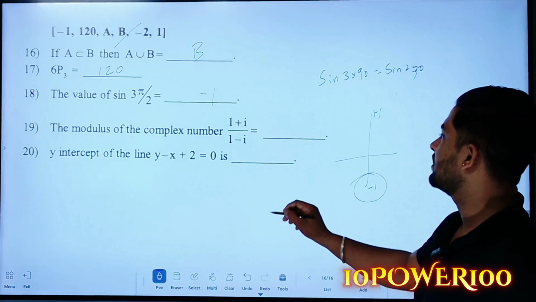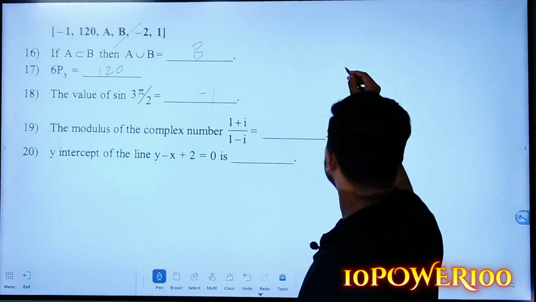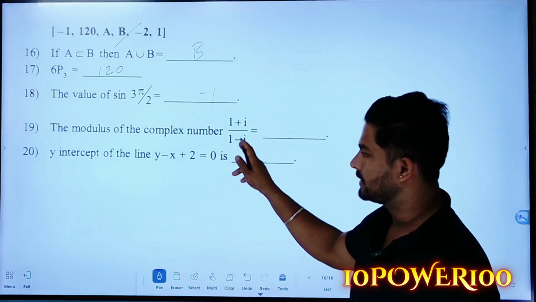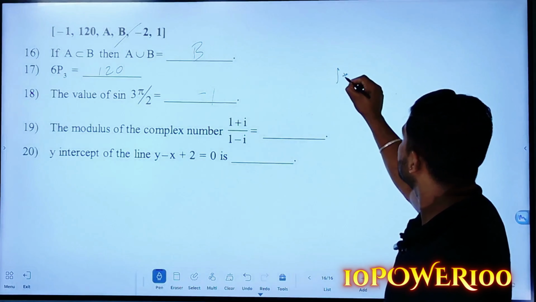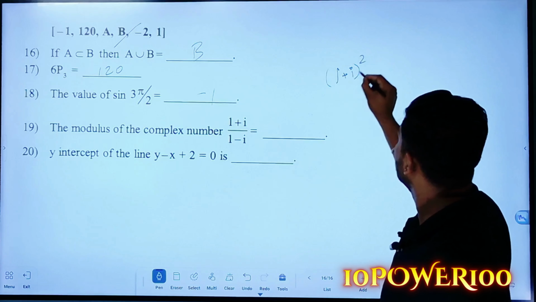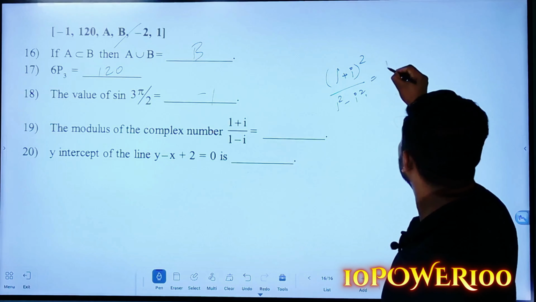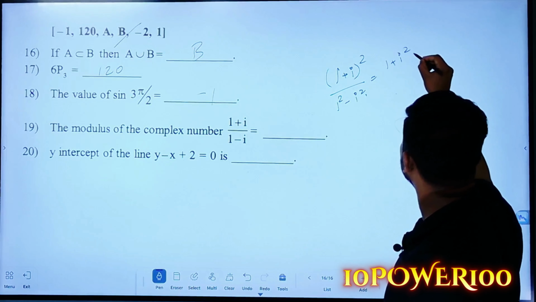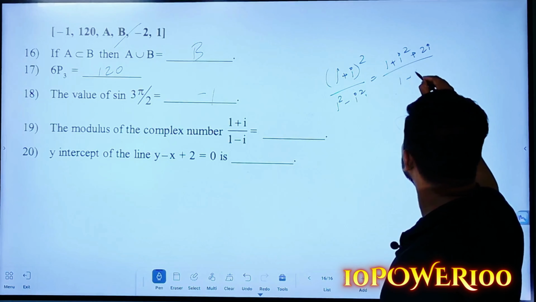Next one, so modulus of this complex number. So first let us solve this. This is not in the form of a plus ib. If you solve this further, you get (1 plus i) the whole square divided by 1 square minus i square. So 1 plus i square plus 2i divided by 1 minus of -1.